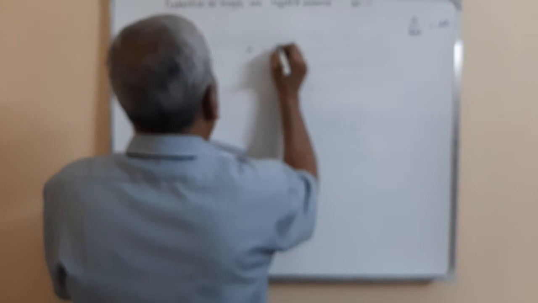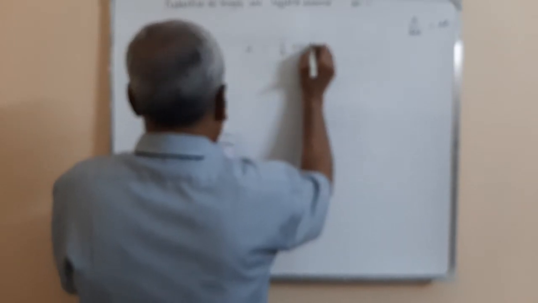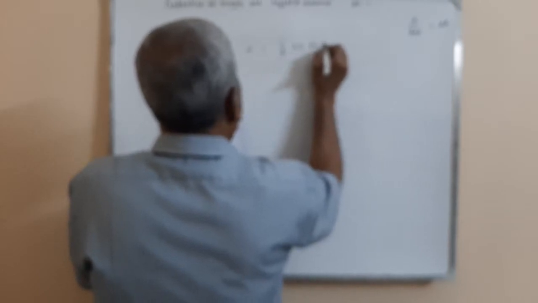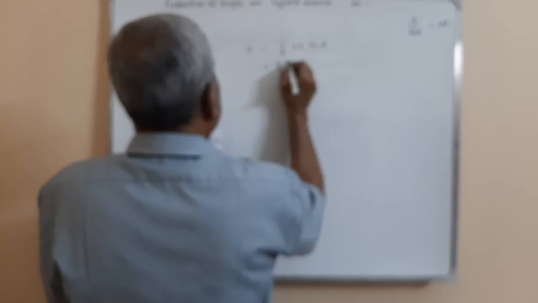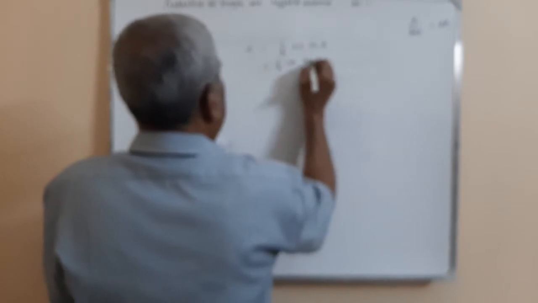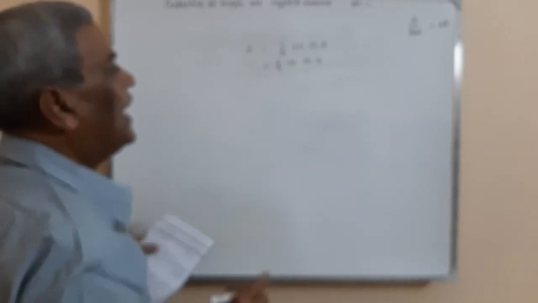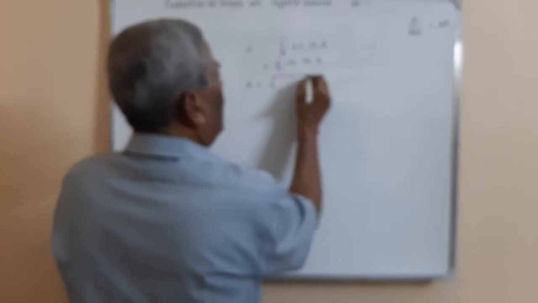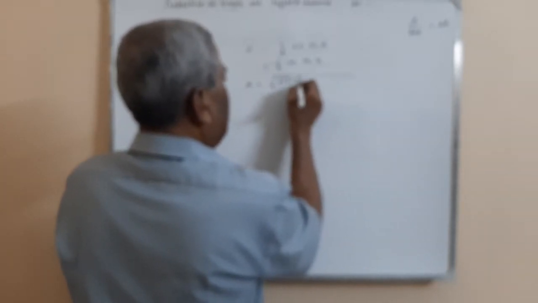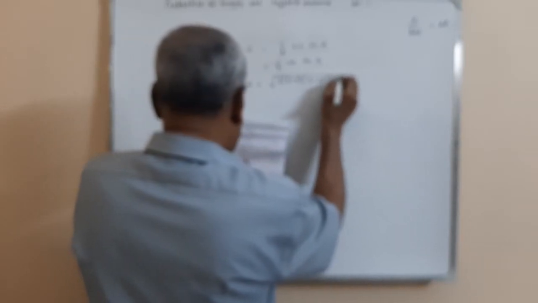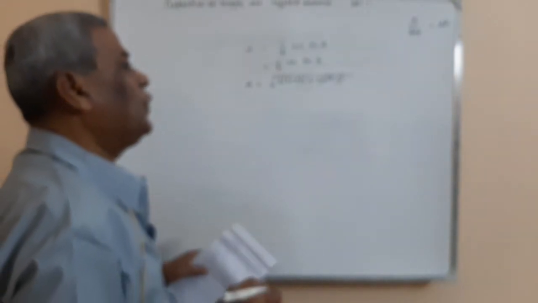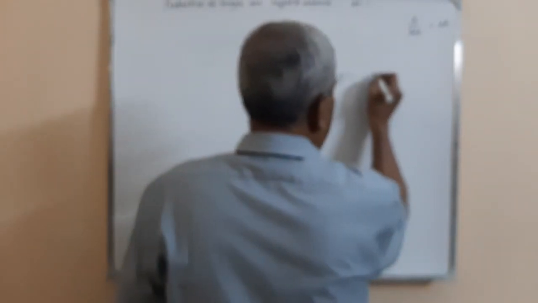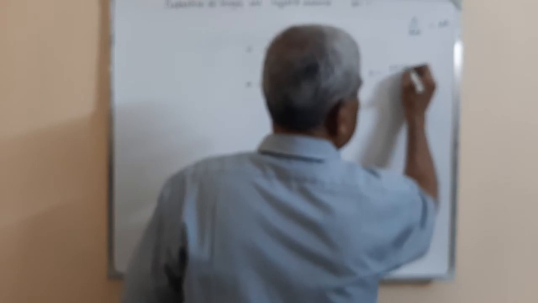Delta is equal to half bc into sine A, similarly half of ca sine B, and another formula is half of ab into sine C. Next, one well-known formula: root over of s into (s minus a) into (s minus b) into (s minus c), where capital S is the semi-perimeter, meaning s is equal to (a plus b plus c) by 2.